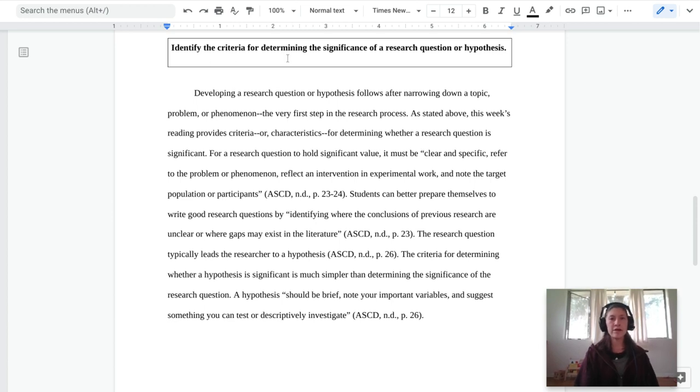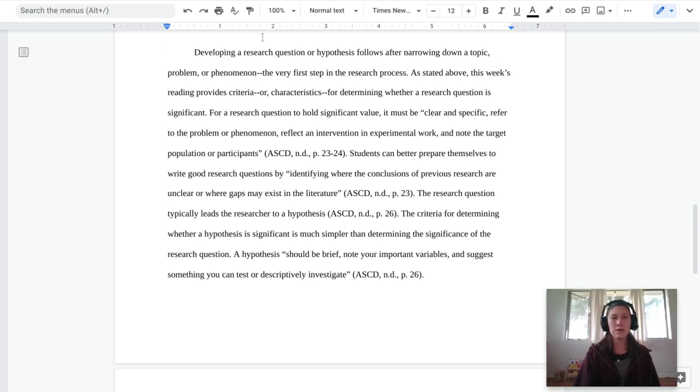Identify the criteria for determining the significance of a research question or hypothesis. Developing a research question or hypothesis follows after narrowing down a topic, problem, or phenomenon, the very first step in the research process.